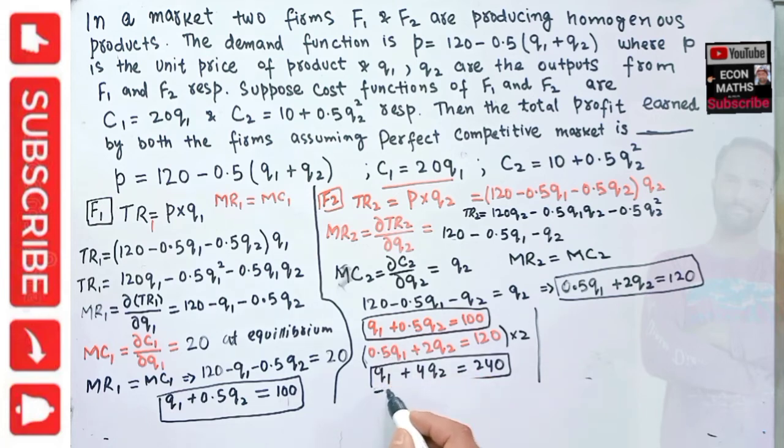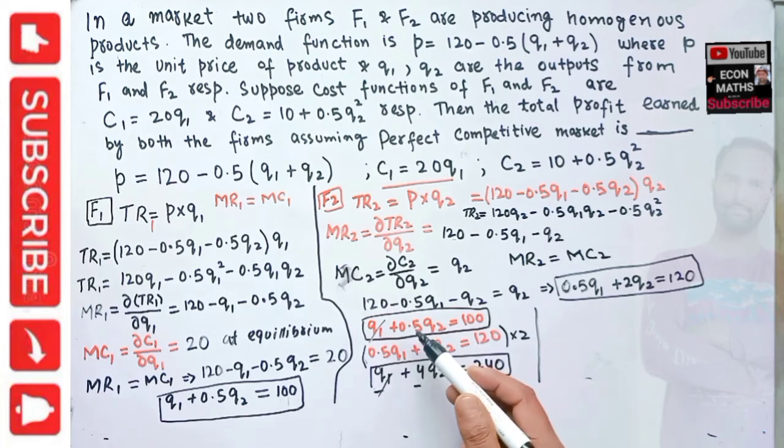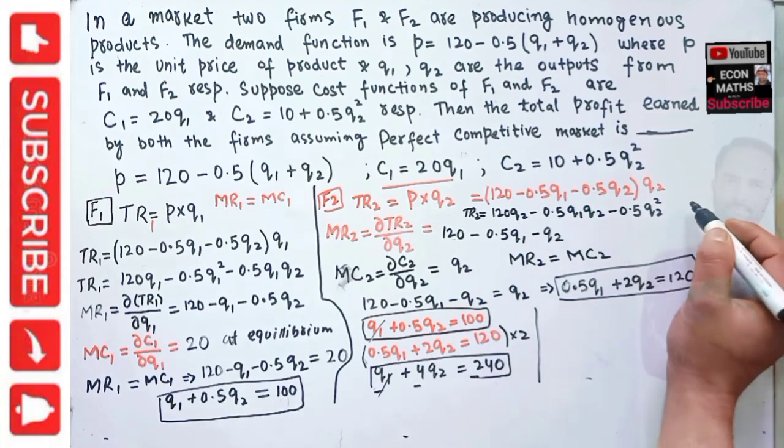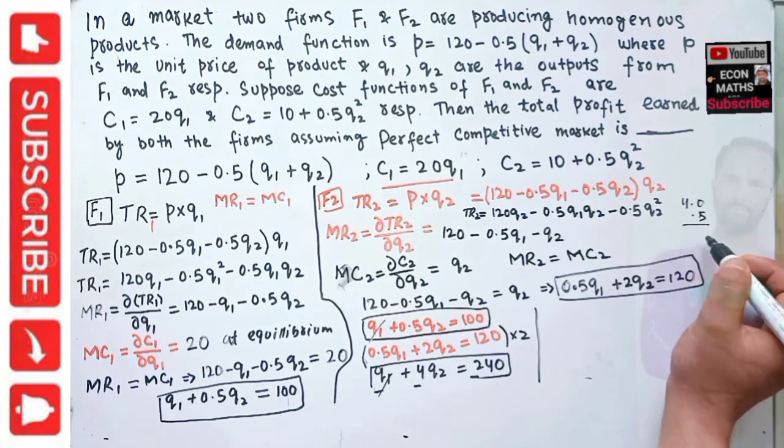If I subtract, this is minus, this is also minus, this is also minus, so Q1 minus Q1 will get cancelled. So we have 0.5 Q2 minus 4 Q2, so let us see, 4 minus 0.5 is 3.5.